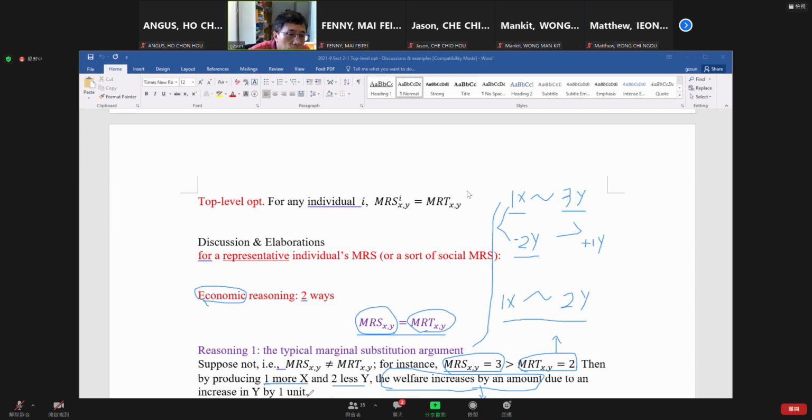So that means if this one is not true, we can do a better job. Therefore, if we have done a good job, this one must be true.